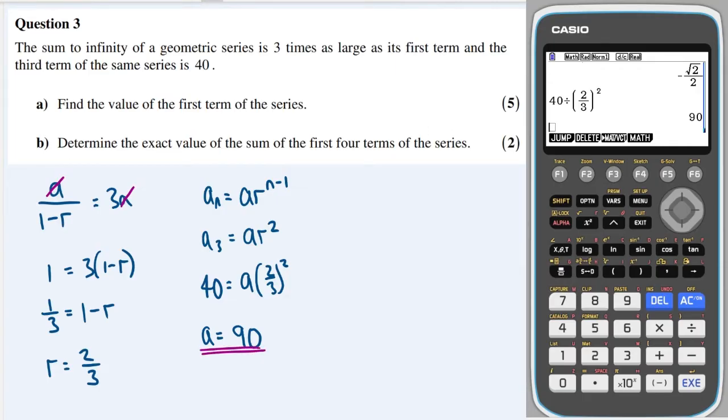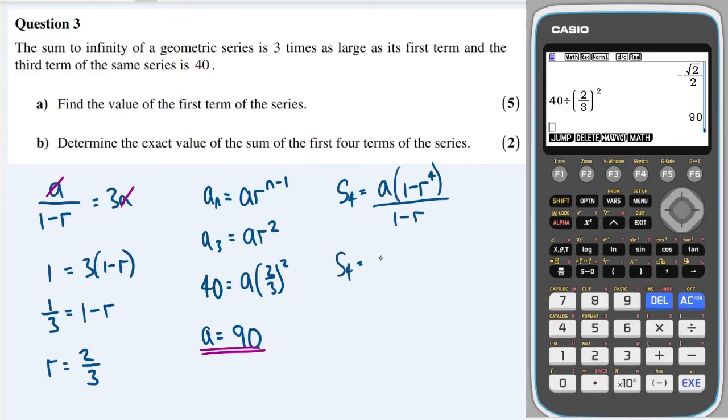Part B, determine the exact value of the sum of the first 4 terms. Well, the sum is always equal to the first term, 1 minus r to the n, which in this case is 4, all over 1 minus r.